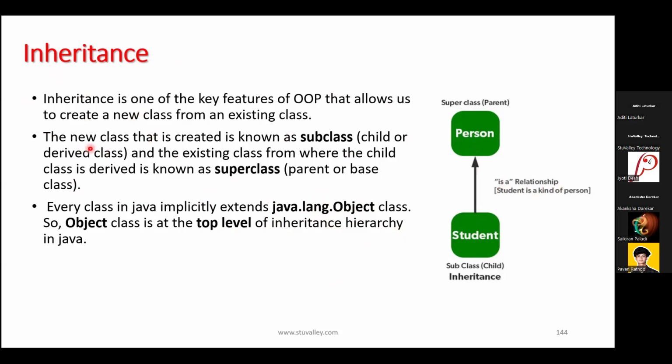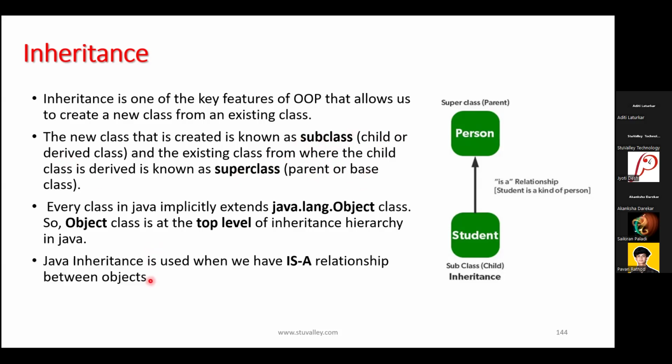ठीक है. And different terminology is used for parent-child relationship. Different names are used for classes, whichever class name or terminology you are using, accordingly you need to use the corresponding terminology as well, like parent or child, superclass, subclass, base class, derived class.